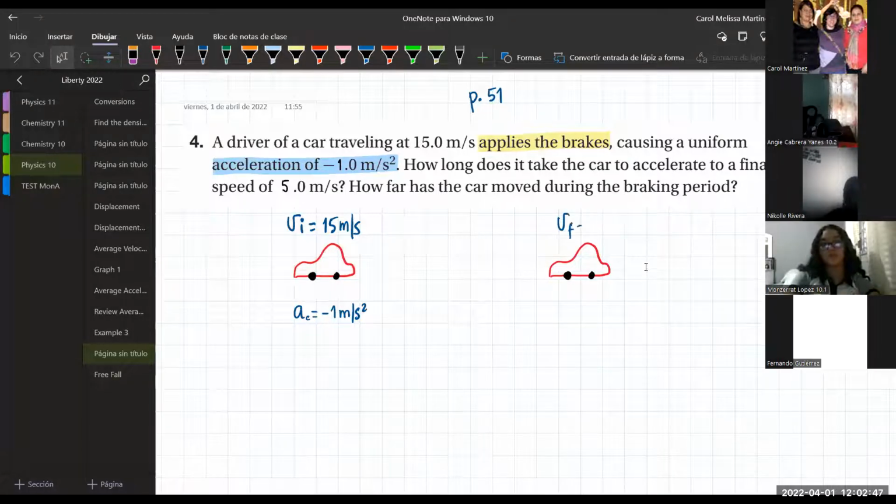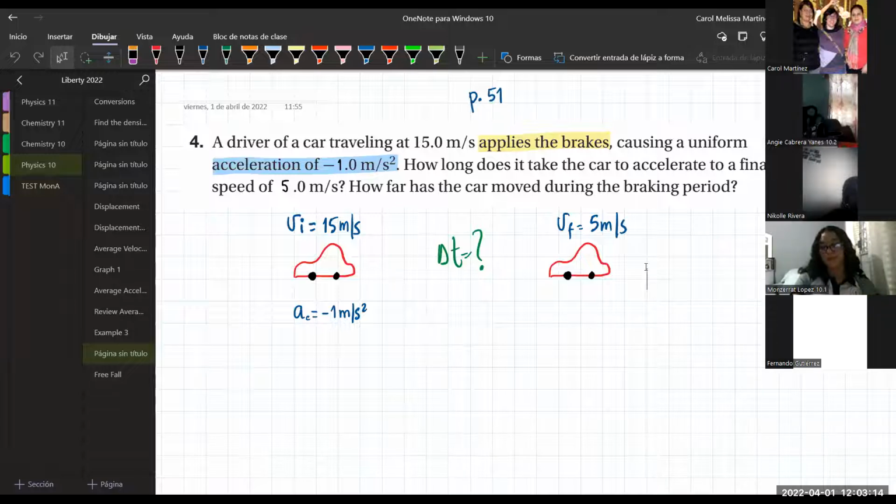So I need to know how much time passed between 15 meters per second and 5 meters per second under a constant acceleration of -1 meters per second squared.